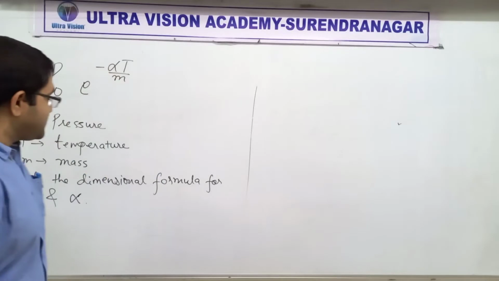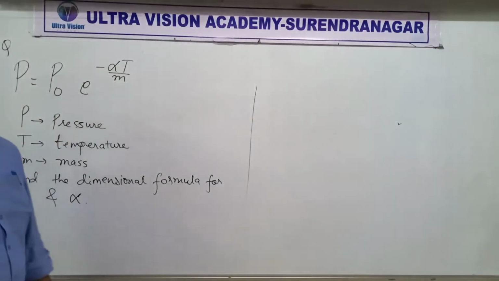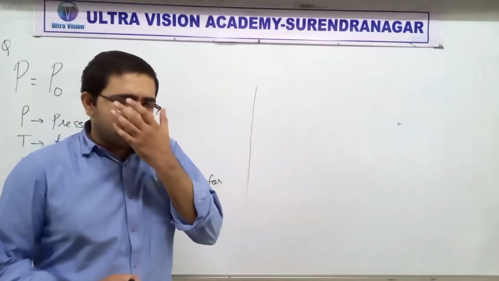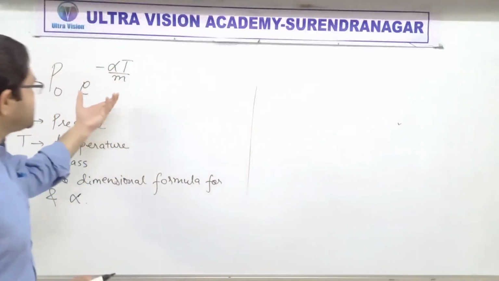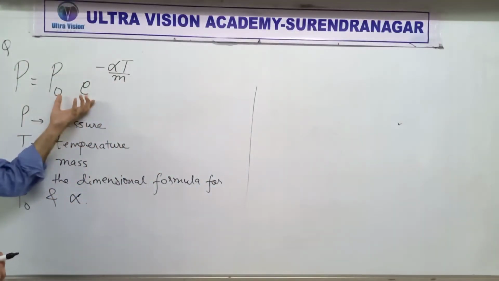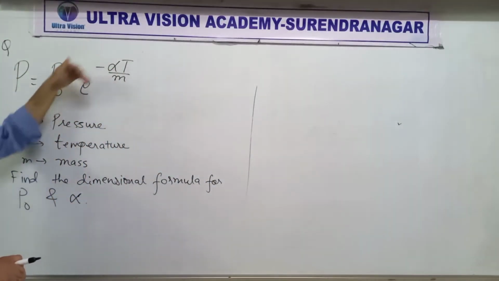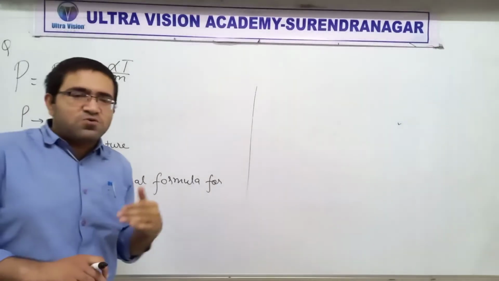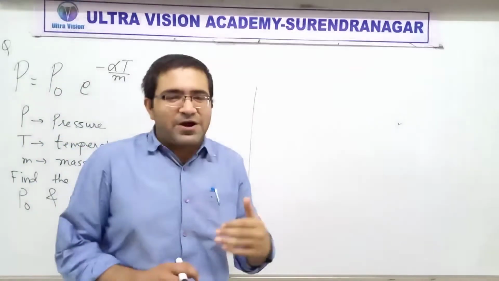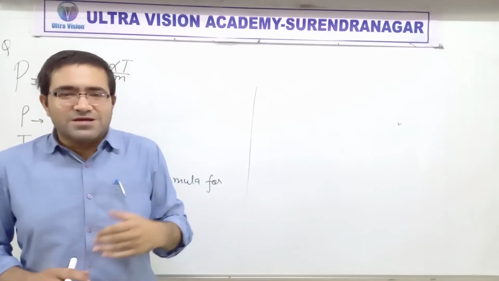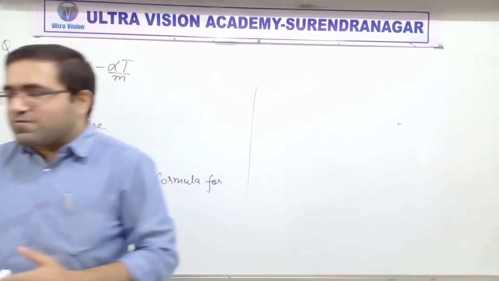Yeah, so let's start. If you look at the equation given to us, this is a power, isn't it? Do you remember the rule about power? It is a part of which rule, 1, 2 or 3?